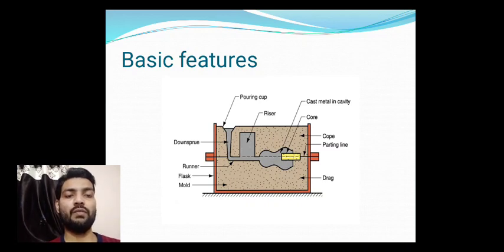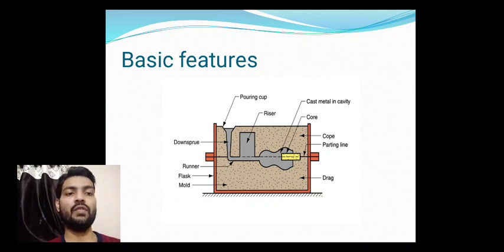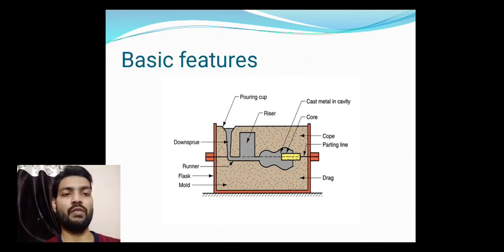A flask, where the whole cope and drag is a flask. Mold, mold sand is used in the casting. Cast metal cavity, this is the mold cavity where the molten metal is completely filled.